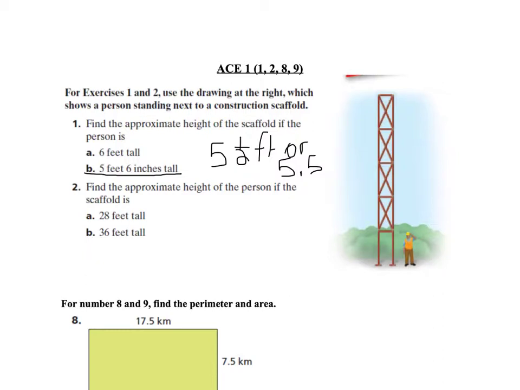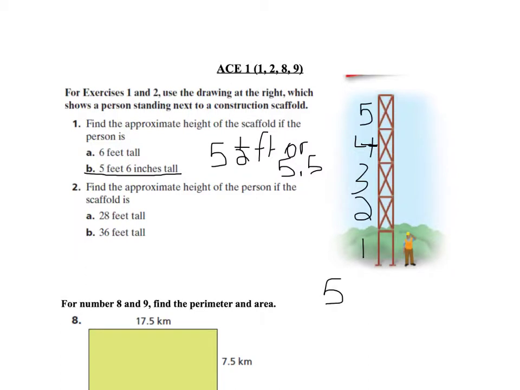And we can do the same thing that we did before. Before we multiplied 6 feet tall, now we're going to multiply 5.5 times 5, because it's going to take 5 of this man in order to reach the top of the scaffold.